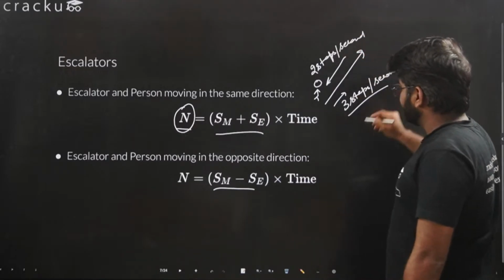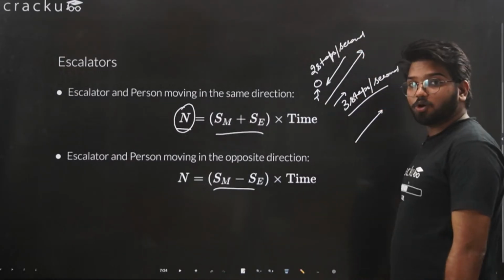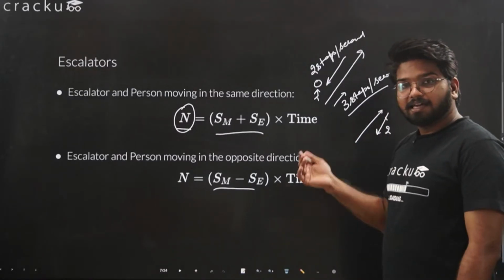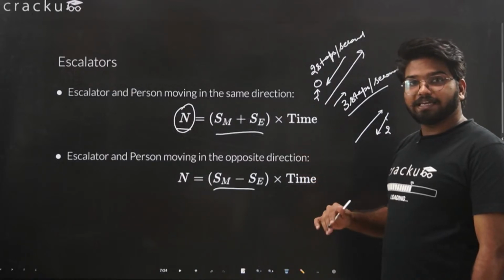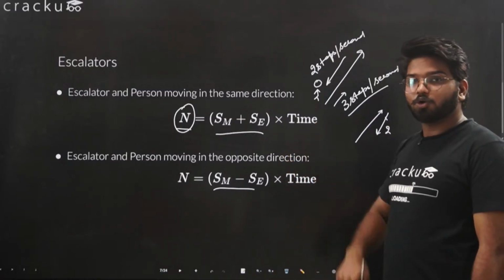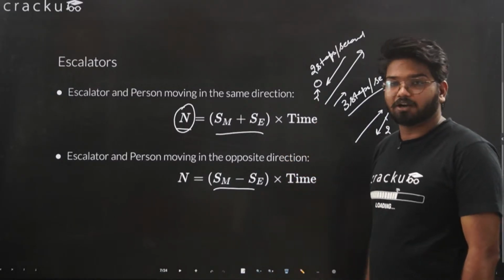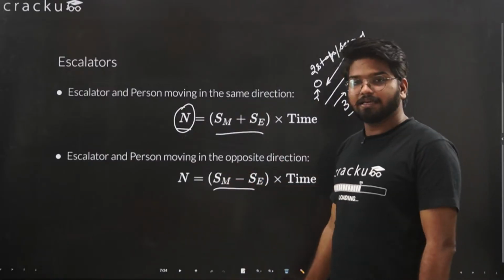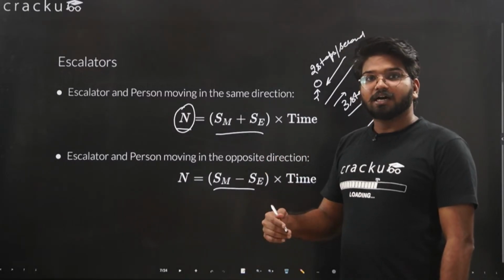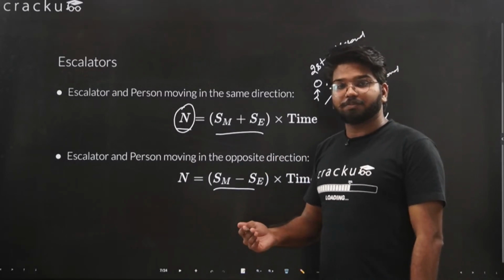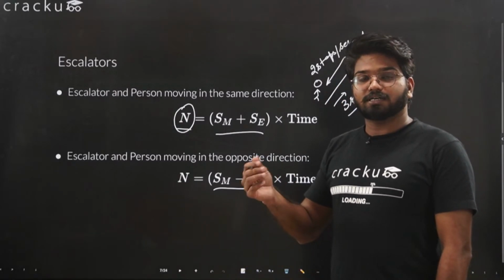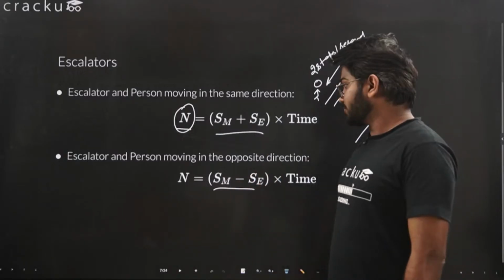Now if the escalator is taking 3 steps to go up, the person is taking only 2 steps, so every second the escalator will keep pushing the person backward, or it will not let the person go to the bottom, or maybe go to the ground floor. Basically, understand that if the person has to go in the opposite direction of the escalator, then the speed of the person should always be higher. Then only he can cover the positive distance.